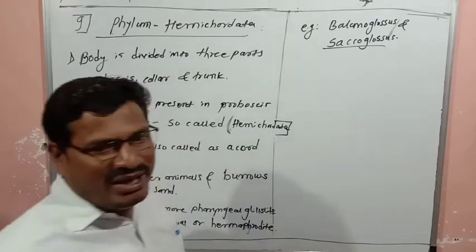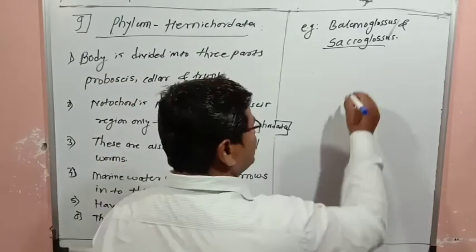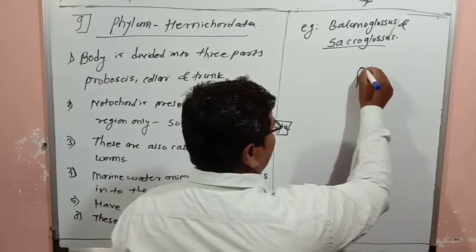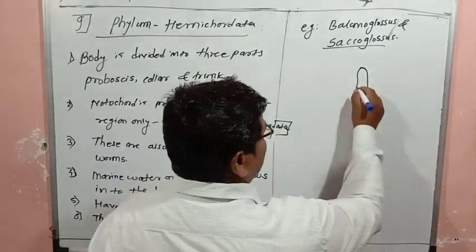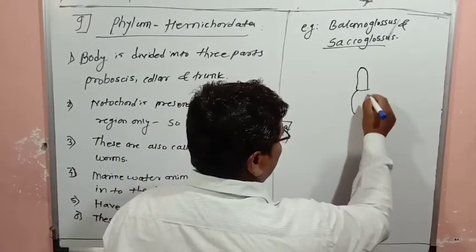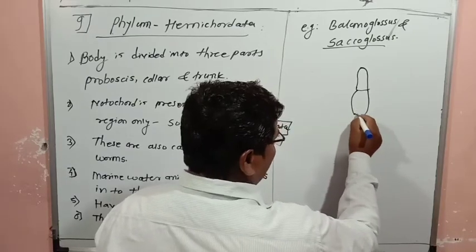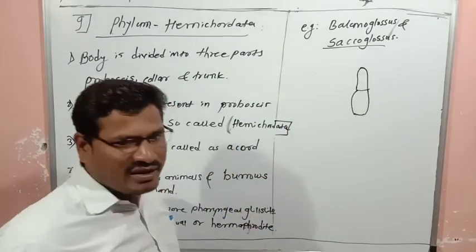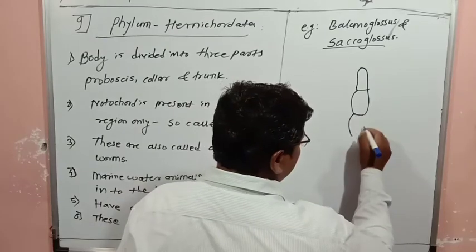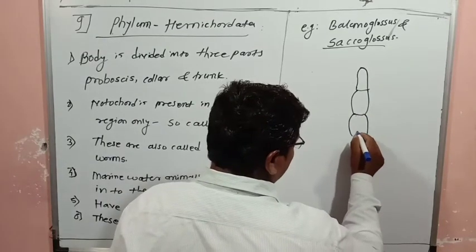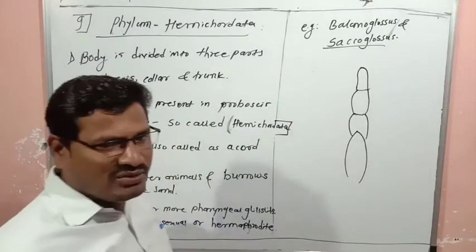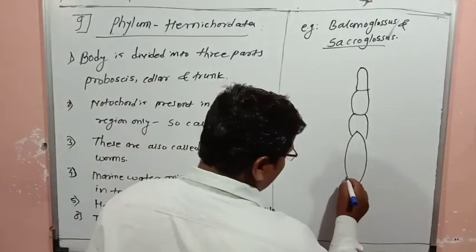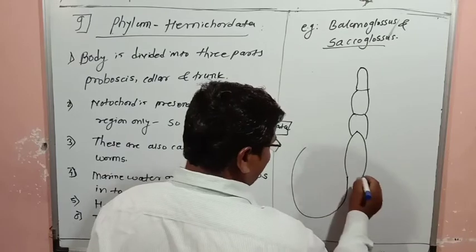So in case of the balanoglossus, you can draw the diagram this way. You can show the parts like this. Again, they have regions also.